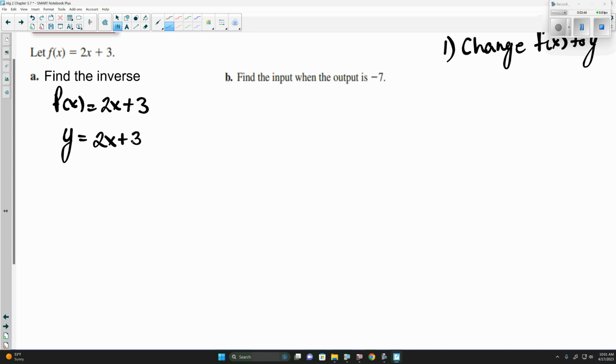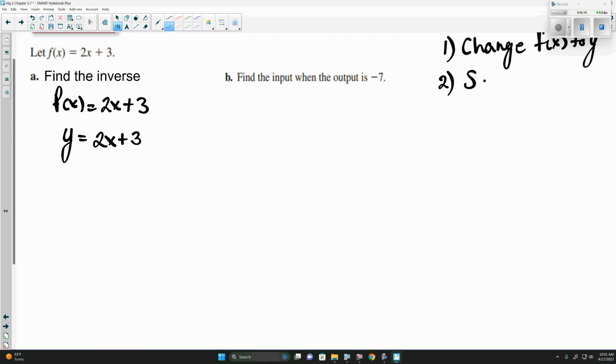And as I've said a few times now, the domain and range flip. The domain of our function becomes the range of its inverse, and the range of our function becomes the domain of its inverse. Our domain is the input values, the x values, and the range is the y. So if we're finding the inverse, we're switching the domain and range.